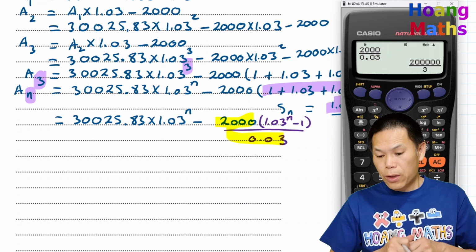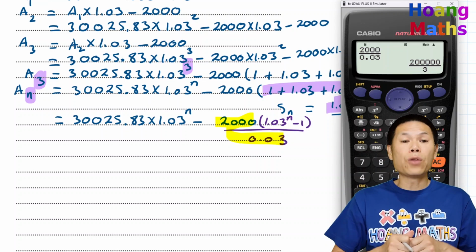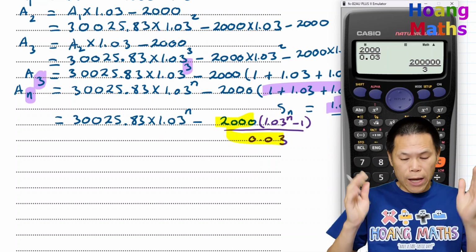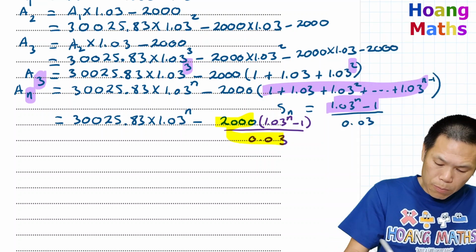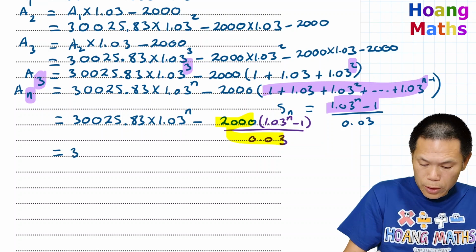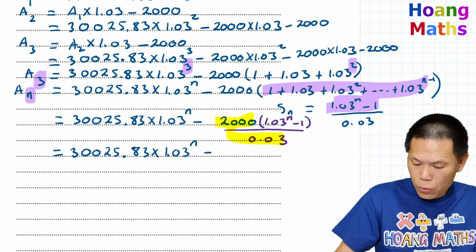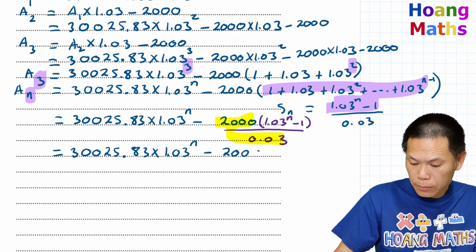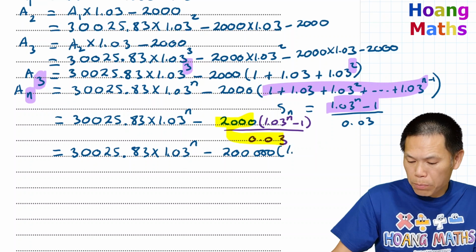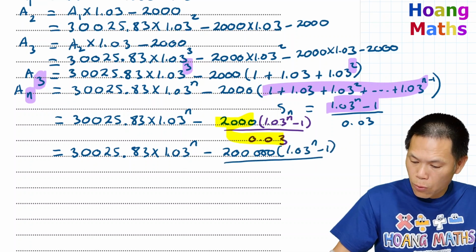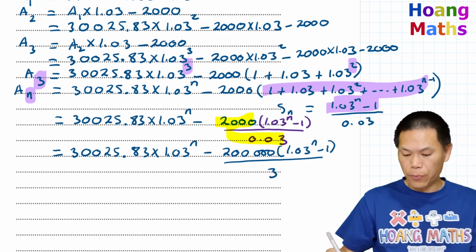So now 200,000 over 3. So let me just rewrite this out. So that will give me equal to 30025.83 times 1.03 to the power of n, minus 200,000 times 1.03 to the power of n minus 1, over 3.